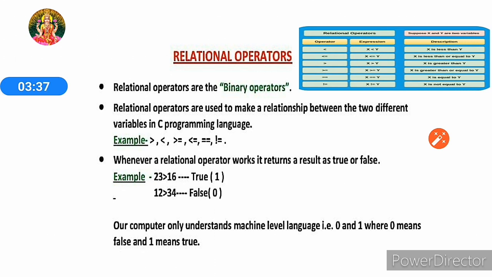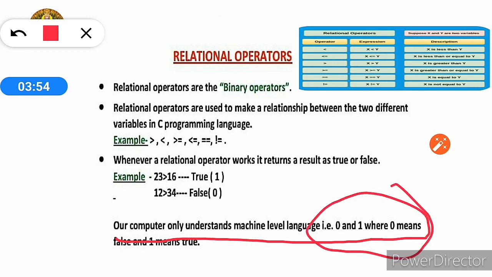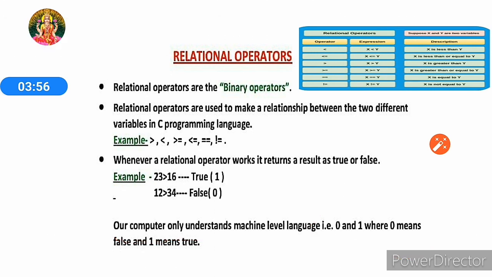It is true, so the compiler will return 1. Is it clear? As I have already discussed, our computer only understands machine language, that is 0 and 1, where 0 means false and 1 means true.